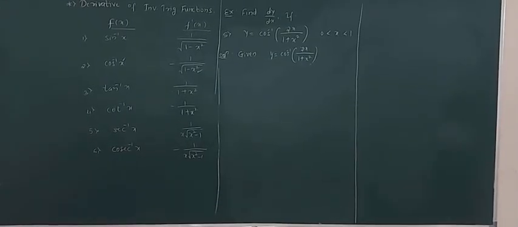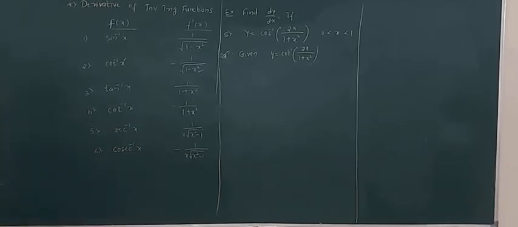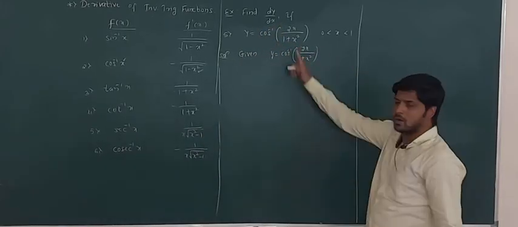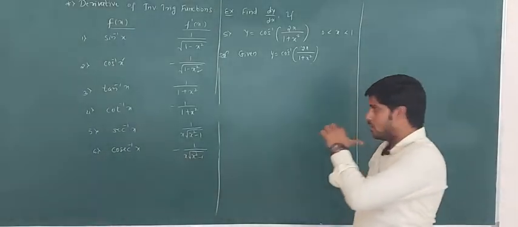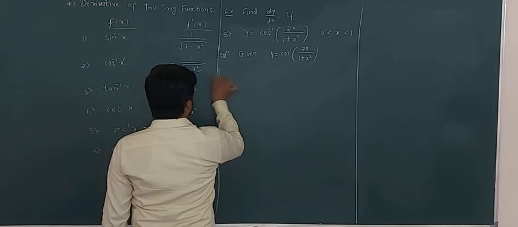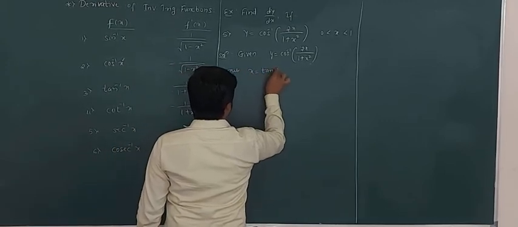So consider the next example. Find dy by dx if y equals cos inverse of 2x divided by 1 plus x square. Denominator is 1 plus x square and x lies between 0 and 1. Okay, here given is y equals cos inverse of 2x divided by 1 plus x square. Now substitute or put x equal to tan theta.